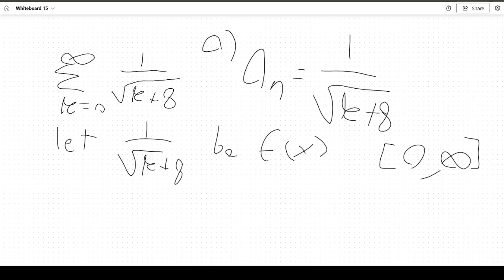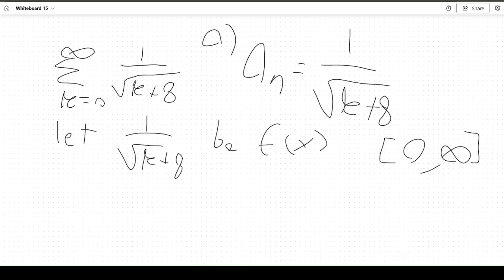For this type of problem, we are going to look to see if it's continuous. So what value of k will make this problem not continuous? If k is equal to -8, the problem will be discontinuous because -8 plus 8 is 0, and when you square root it, it will be 0.